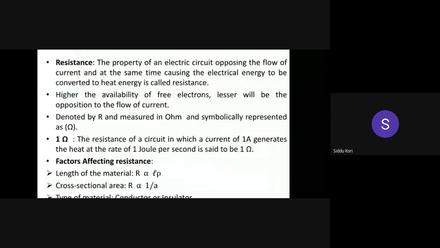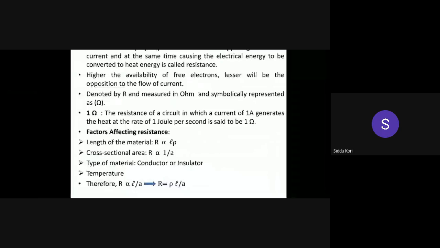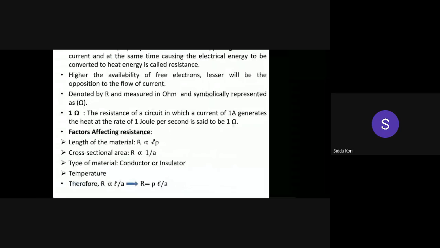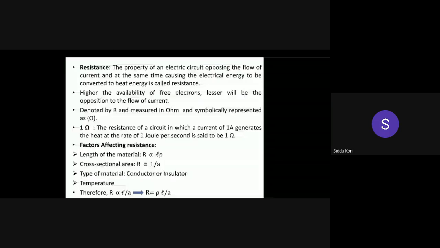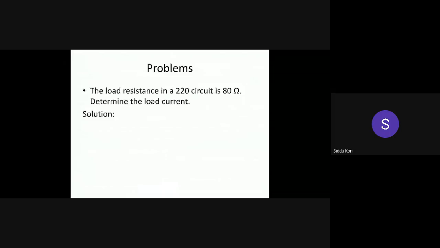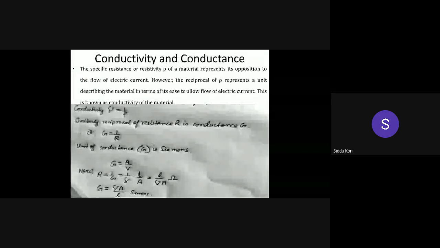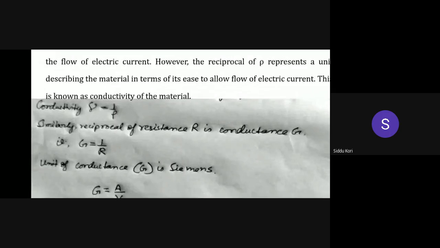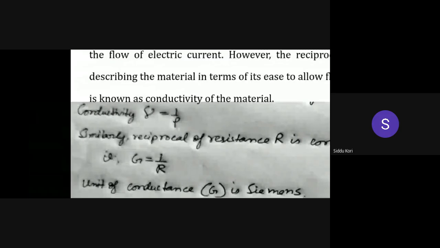So this was about resistance and resistivity, and just the opposite of resistance and resistivity is the conductance or conductivity. Now just like rho, there is conductivity, the inverse of resistivity, which is termed as gamma. You see gamma is written as equals to 1 by rho. Is it visible?